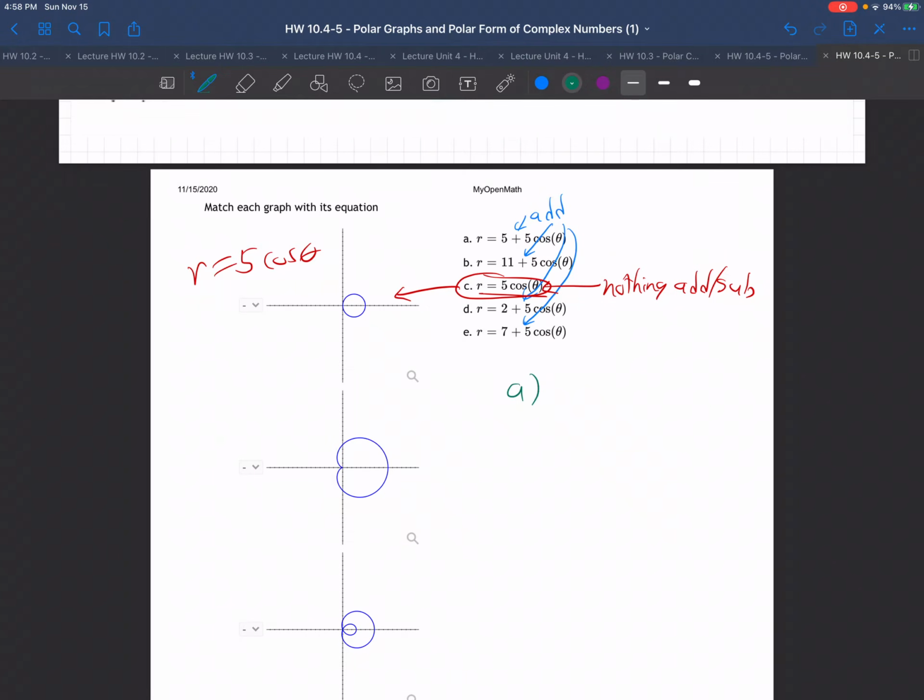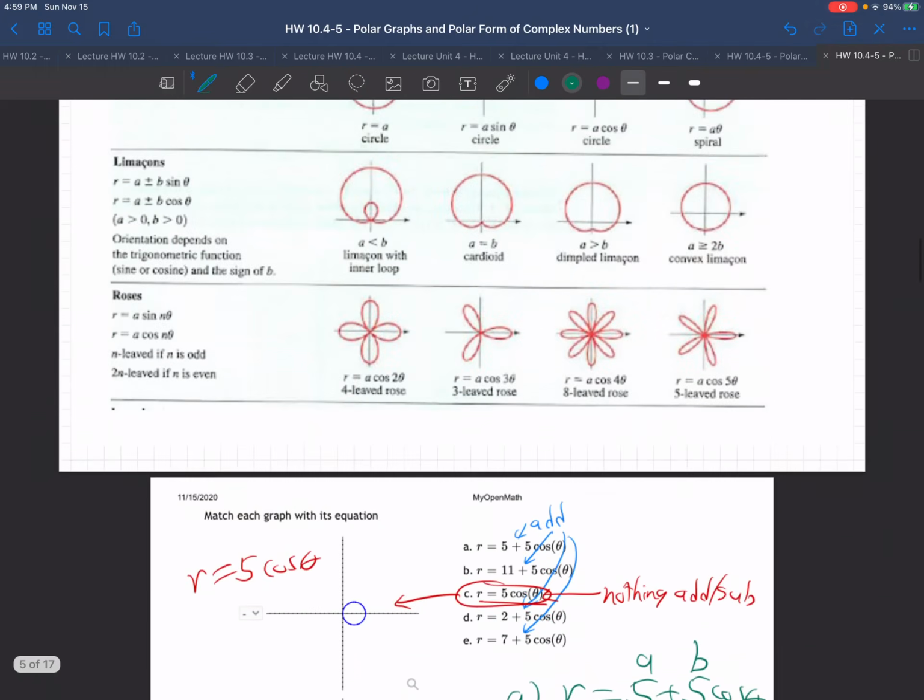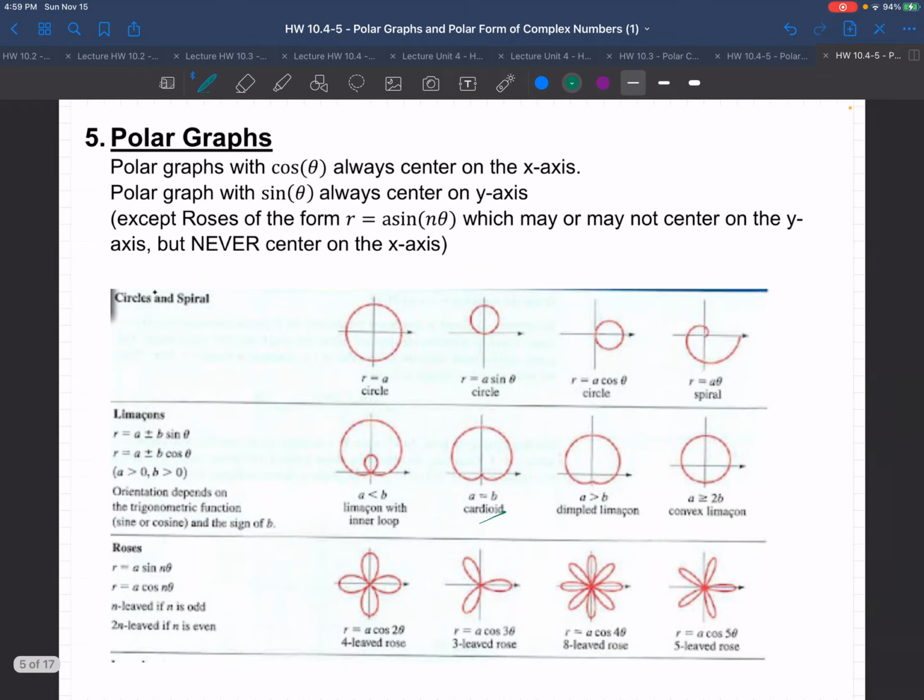For part A, it says R equals 5 plus 5 cosine. Now they're the same. This is A, and this is B. A equals B. What did it say for A equals B? Cardioid. Meaning the little dimple hits the origin. See how this one has a dimple, but it doesn't hit the origin?